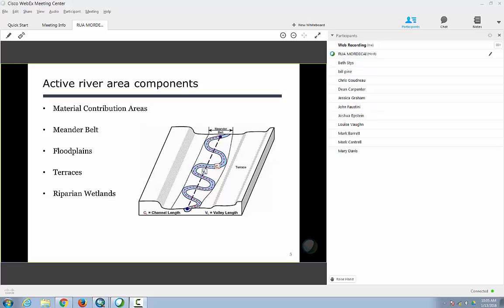So this is really trying to capture exactly that idea of the active river area itself, the floodplains, the meander belt, terraces, the riparian wetlands, kind of everything that's actively related to the river itself, not just the individual channel and a small buffer around it. It's particularly helpful as you think about the South Atlantic, where you have fairly large areas that are actively influencing the river. As you get down to the coastal plain, big floodplains, big components versus much smaller as you work farther up into the headwaters.